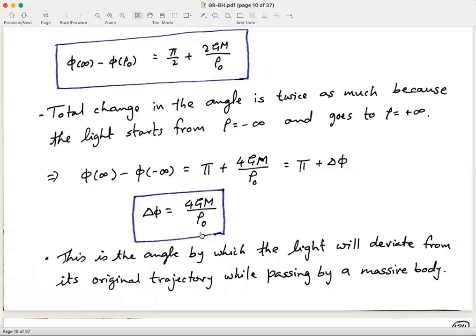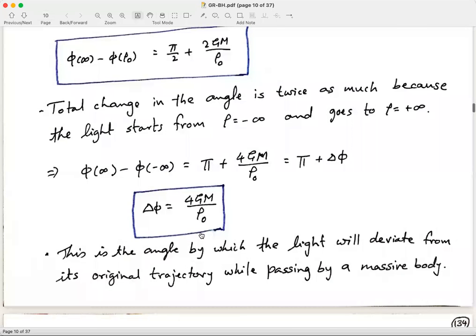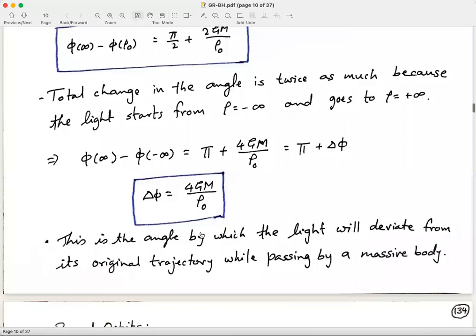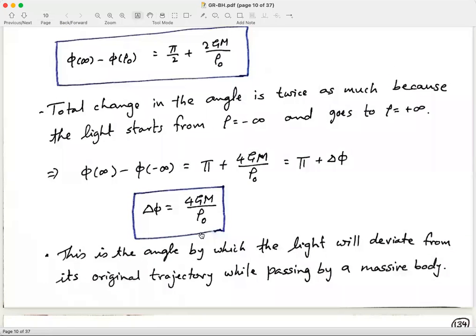Now of course we have much better techniques of doing this. We can see bending of light due to galaxies, due to supermassive objects and things like that. There is an interesting effect called gravitational lensing, which is essentially the effect due to bending of light, and it is one of the very interesting topics within astrophysics.